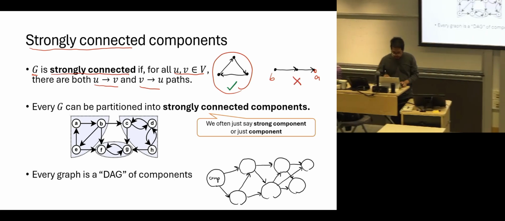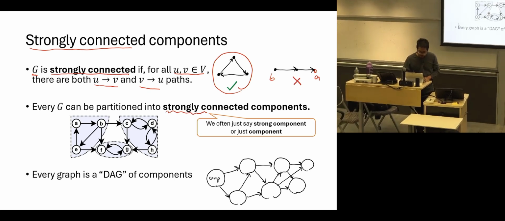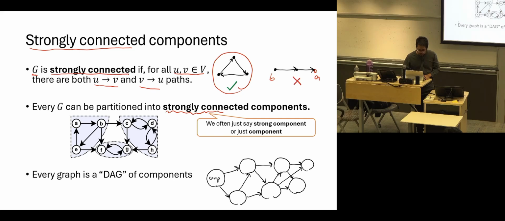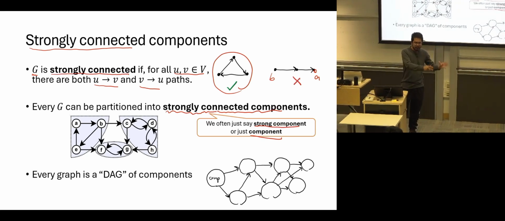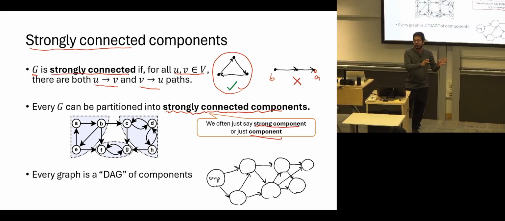Sometimes instead of saying strongly connected components, I just call it strong component or just component, for short. You can think of a strongly connected component as analogous to a connected component in an undirected graph, but here we need to talk about connection in two ways.